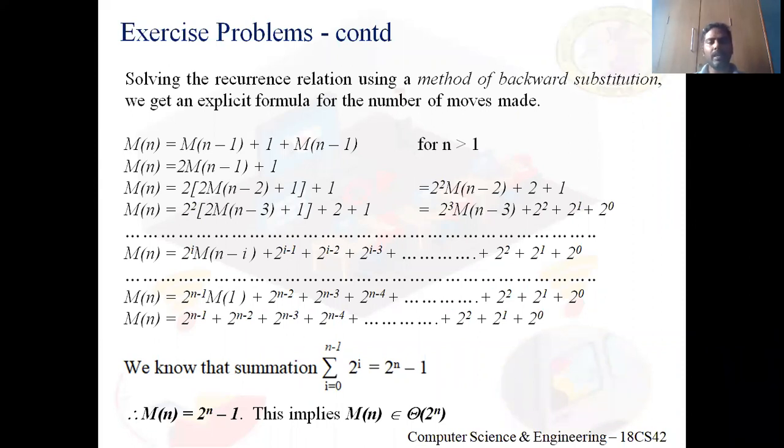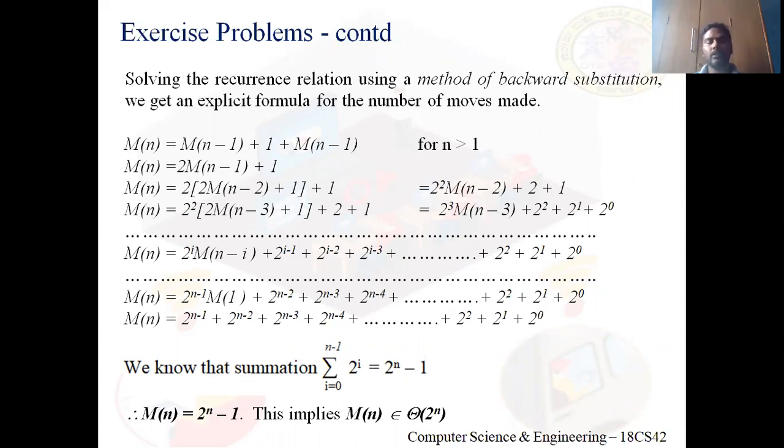Remember, in a factorial problem, the basic operation is multiplication. And in this Tower of Hanoi problem, the basic operation is movement. You might wonder, movement, is it an operation? Of course, it's an operation in that context.